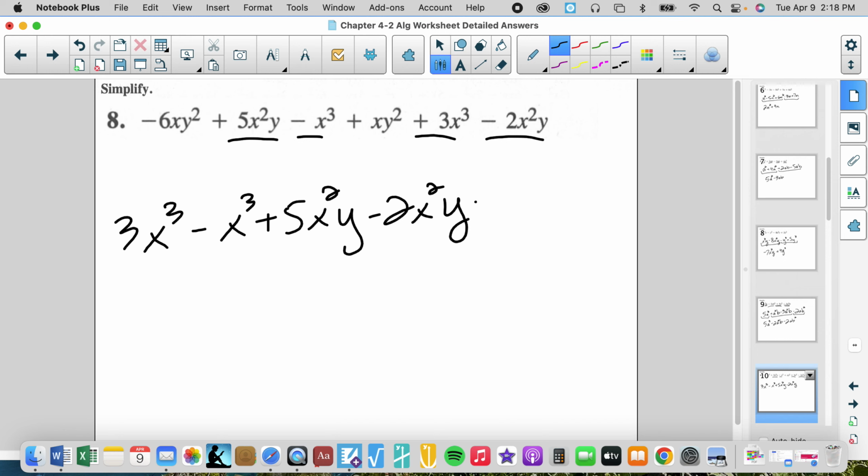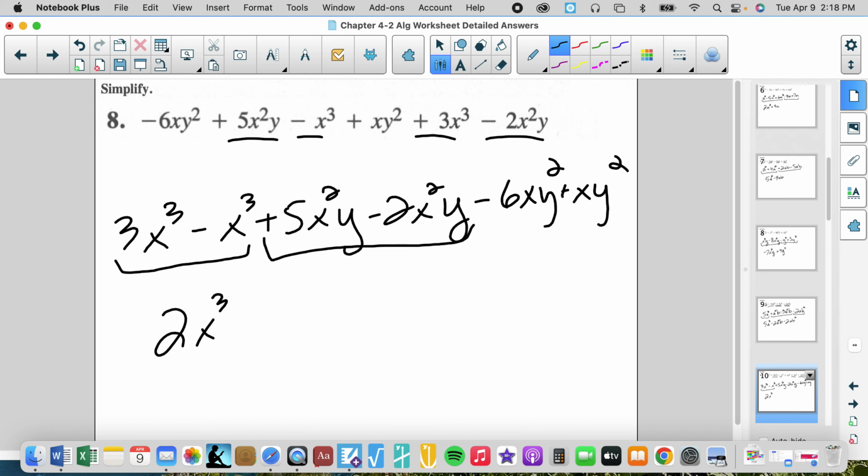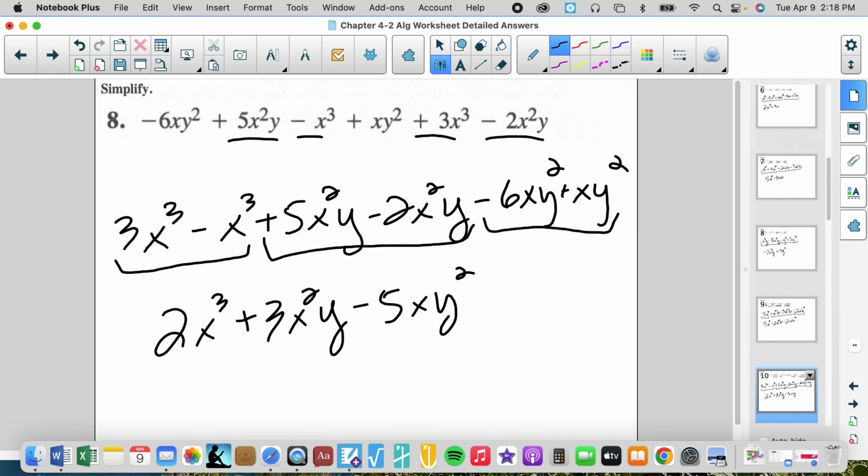And now we have negative 6xy squared plus xy squared. These are like terms, that gives me 2x cubed. These are like terms, that gives me positive 3x squared y. These are like terms, that gives me negative 5xy squared. And these are easy because I'm only combining their coefficients.